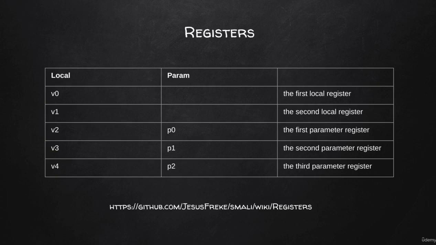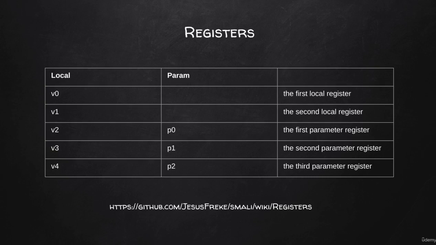The .registers directive specifies the total number of registers in a method, while the alternate .locals directive specifies the number of non-parameter registers in a method. The total number of registers would therefore include the registers needed to hold the method parameters.